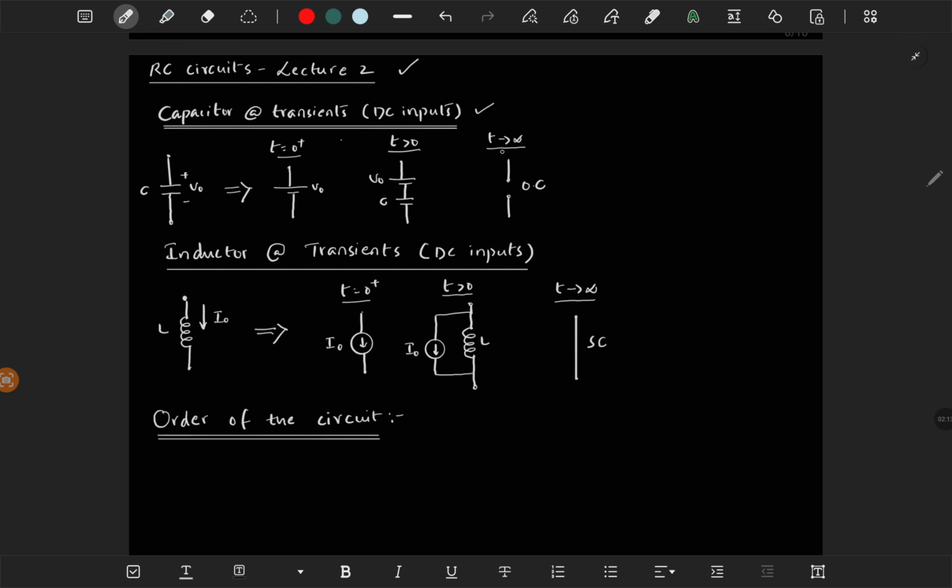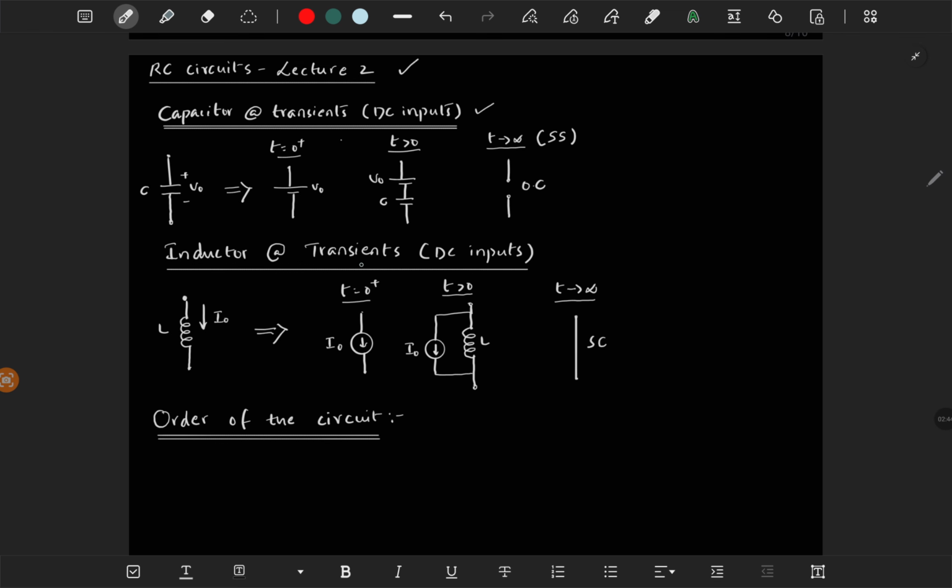For t tends to infinity, meaning at steady state, we represent the capacitor with an open circuit, assuming it is charged completely and there is no current flowing through that capacitor further at steady state. We have already discussed what is meant by steady state and how much time it will take for the circuit to reach steady state in the previous lecture.